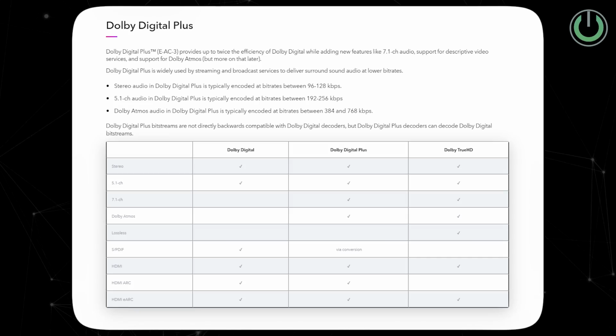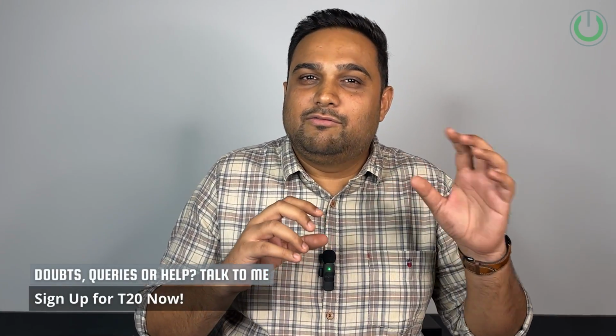In such cases, what exactly happens? Do you enjoy Dolby Digital or do you get Dolby Atmos? Well, what you get is something right in the middle, which is Dolby Digital Plus. Now Dolby Digital Plus is not really the best of the Dolby Atmos format. It's a more compressed format, and that's one of the disadvantages of using one device with ARC and another device with eARC during this connection.